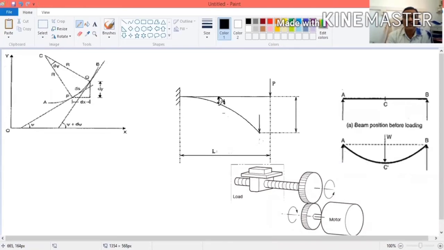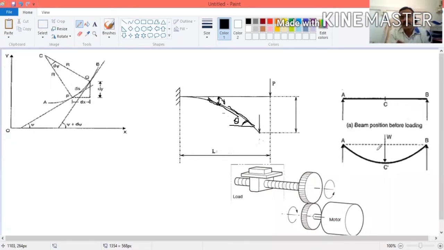If you want to find the slope at a particular point, you have to draw a tangent at that point. Then from the horizontal, you can find theta, isn't it?